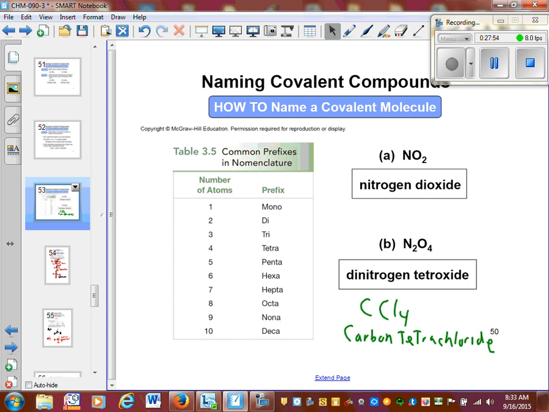Government conspiracy. A 3-wheeled vehicle is called a tricycle. We don't have an octacycle. I would think hexa would be 8. Hexa is 6. Octa is 8. Let's talk about octet rule. 8.